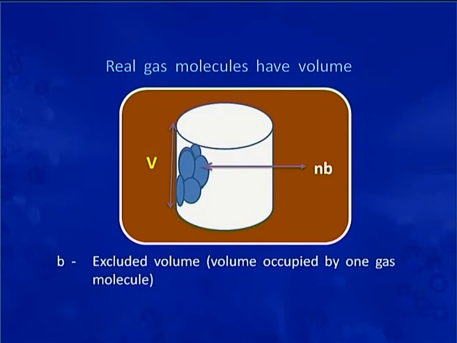Real gas molecules have volume. If b is the effective volume of 1 mole of gas, in that case for n moles the effective volume or excluded volume is nb. b is the excluded volume here.